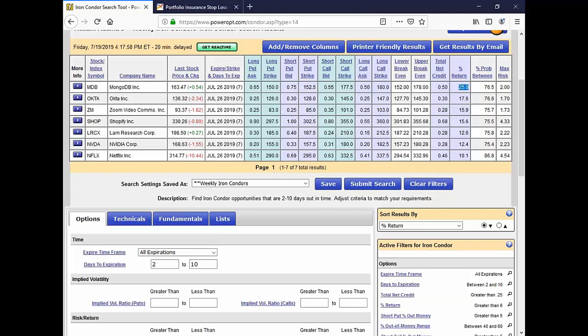We don't see anything with a 30% return. We also don't see anything that has less than a 70% probability. If you were targeting a 30% return, 14 days out in time, then you'd have to lower the probability in order for that to occur. Everything sort of goes hand in hand.